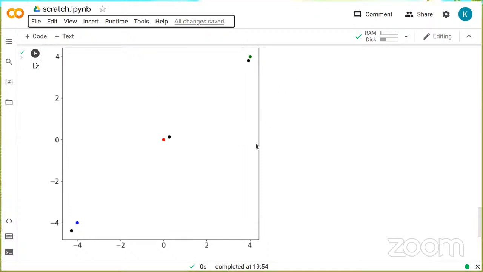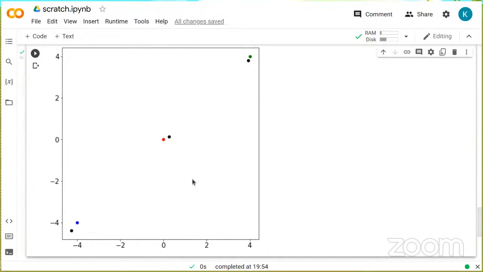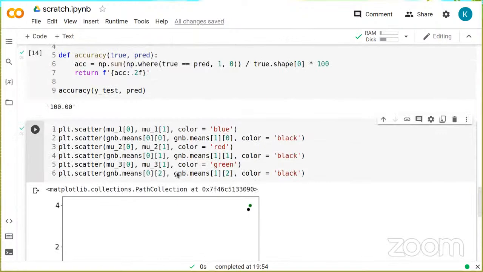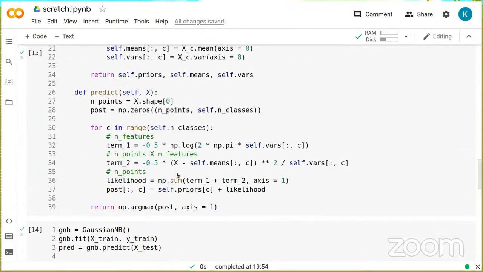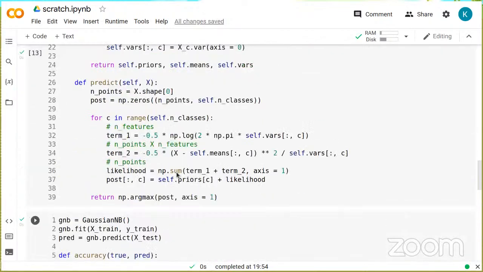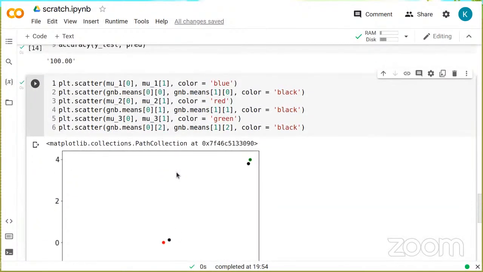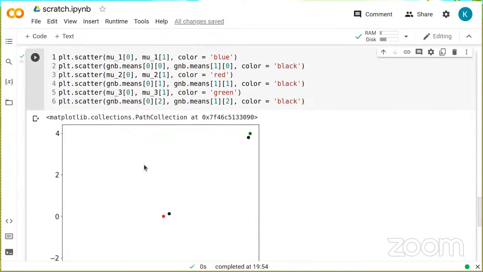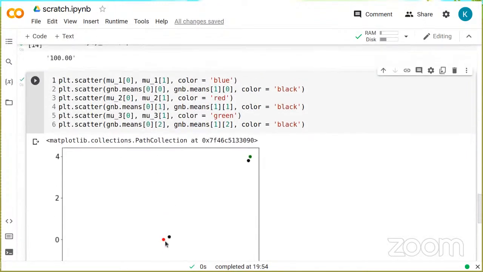We can clearly see that they're not as close as they were before. The means are slightly off. The accuracy, what's it coming to? So accuracy is still 100 because it's a reasonably good estimate, right? It's pretty close even now.